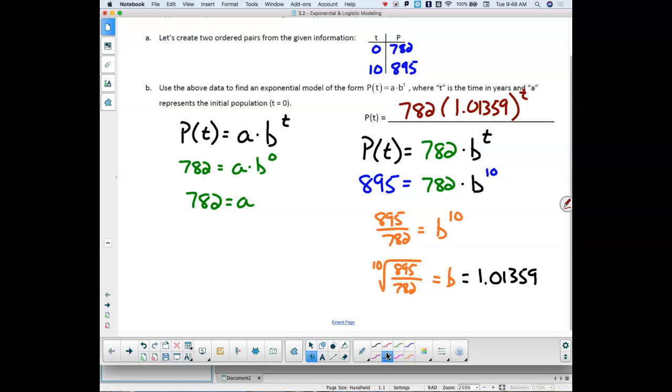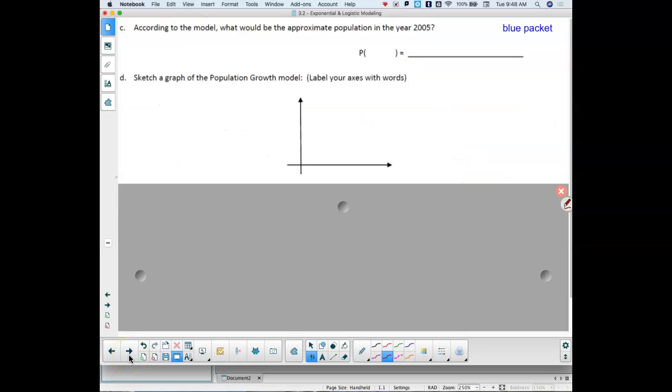Part C. Using our model, which again was P of t equals 782 times 1.01359 to the t power, I want you to now figure out how many people live in San Jose in 2005.